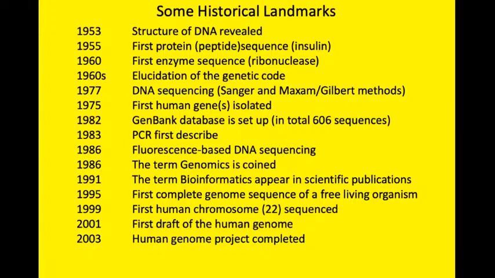Then in 2003 the Human Genome Project was completed. So mainly all the studies related to bioinformatics on PubMed and NCBI, from everywhere in the world with respect to databases in bioinformatics, started after the Human Genome Project was successfully done, that is in 2003.